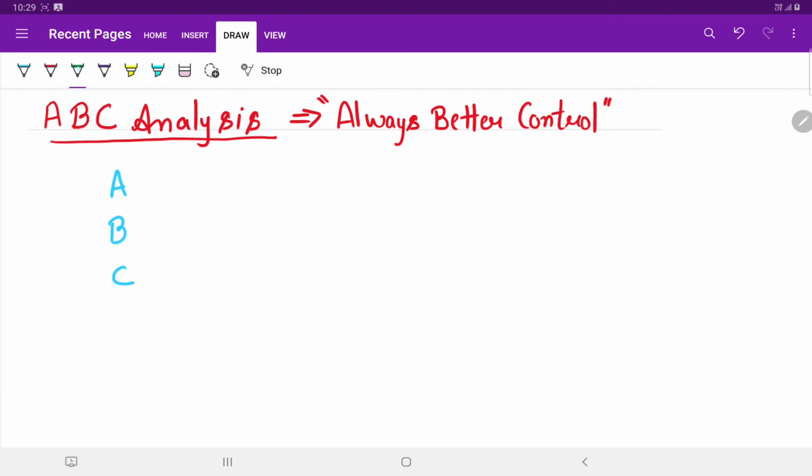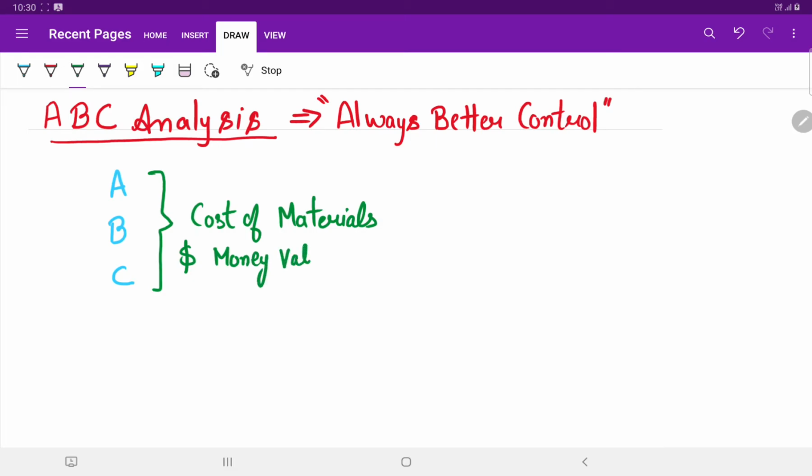So the division is on the basis of cost of materials and money value of consumption.